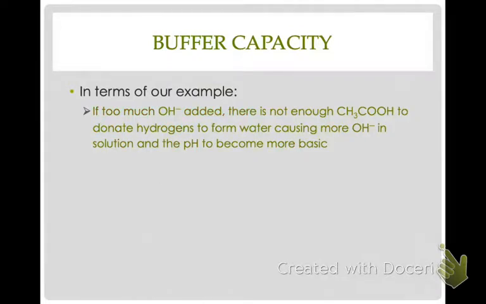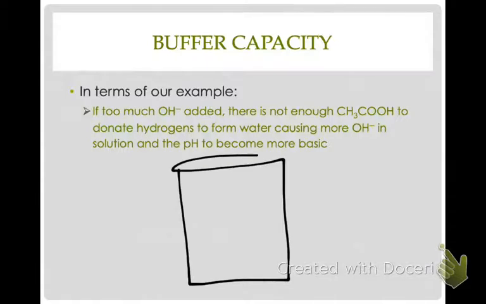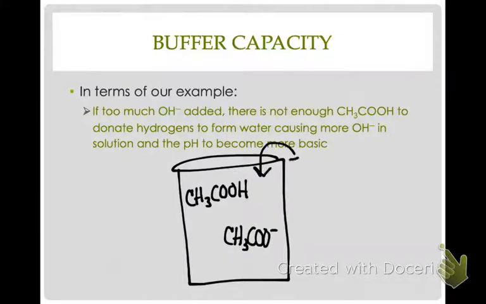Now I'm going to do the same thing on this slide to show you what happens if we add too much hydroxide ion. So again, we have ethanoic acid, we have our ethanoate ions, like so, and now this time let's just say I'm going to add 5 units of base, or hydroxide ion.